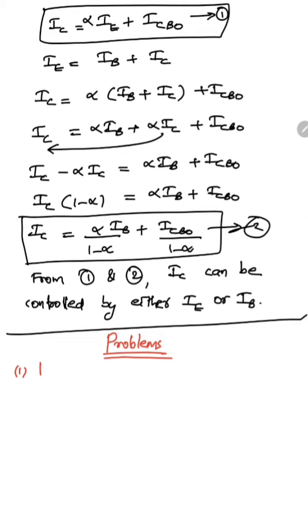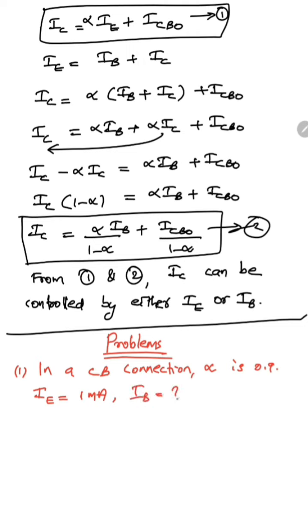In a common base connection, in a CB connection, we are given the current amplification factor alpha is 0.9. Now, the emitter current is given, IE is equal to 1 milliampere. Find IB.